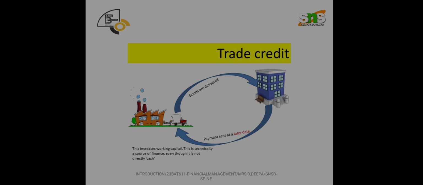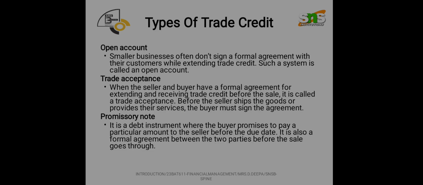They cannot simply sit idle, saying "since you are not making the payment, I cannot sell the goods," not like that. Anyhow, later he is going to get the payment, and again he needs to do the production. So there are so many processes happening. So this obviously increases the working capital, and even though it is not directly cash, it is also a source of finance. Trade credit also comes under the sources of finance.